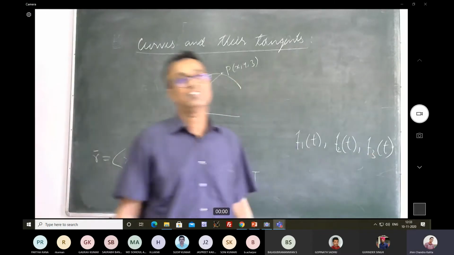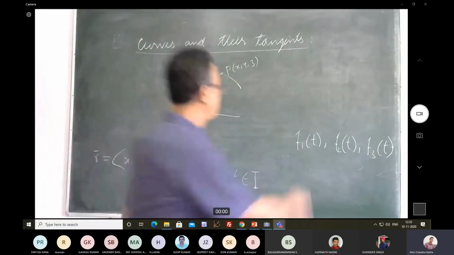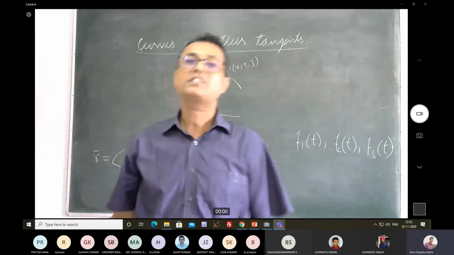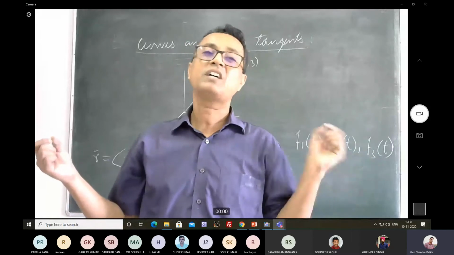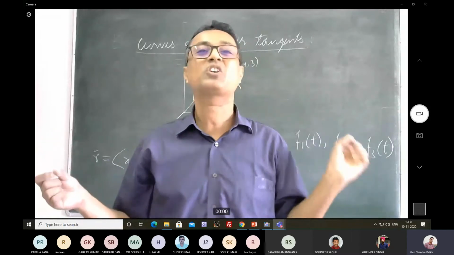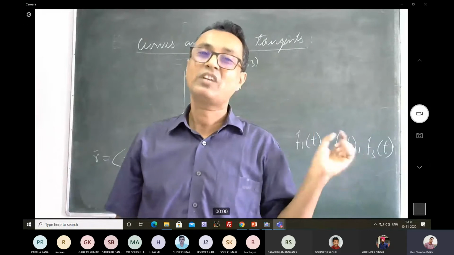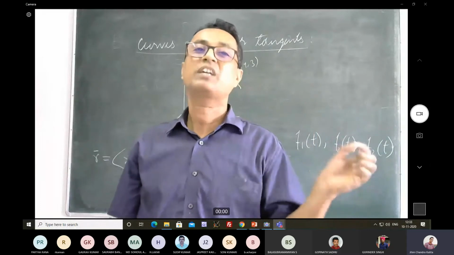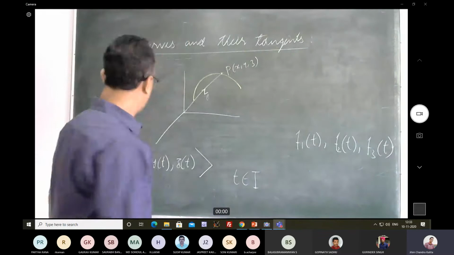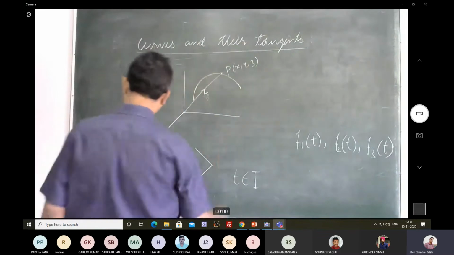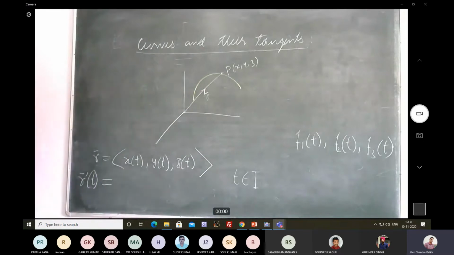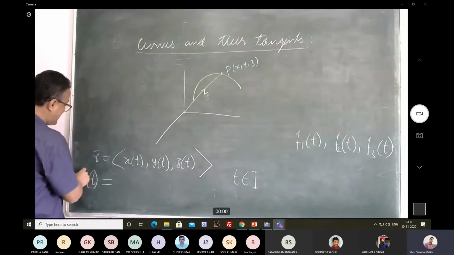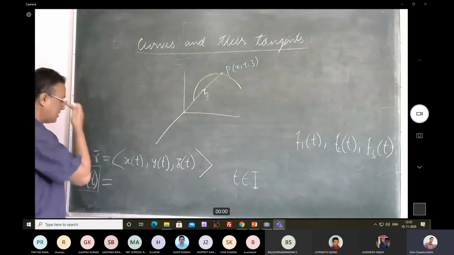Designating the first, second, and third components as the position of a particle is easier for us to visualize. Even if they are not exactly the position of a particle, still we can get a curve out of that. Another thing that I missed that day: when I defined the tangent to the curve at a point, I simply showed you the derivative from the definition.